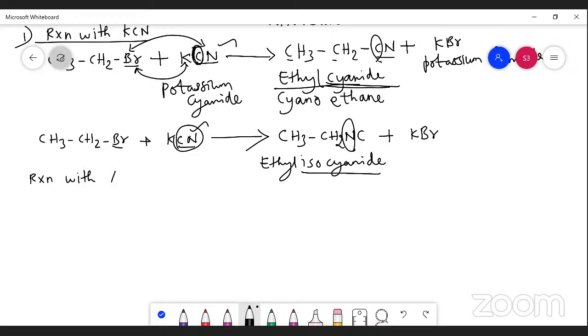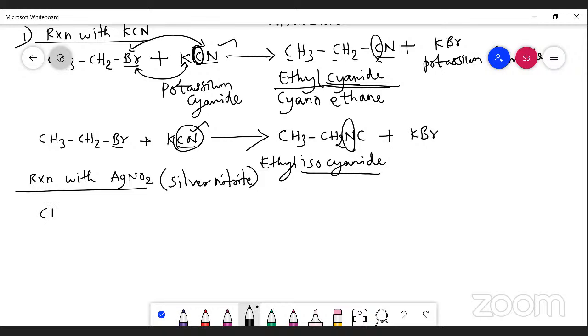In the same way, take the nitrite reaction, the reaction with silver nitrite, AgNO2.